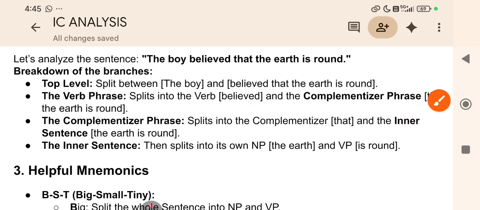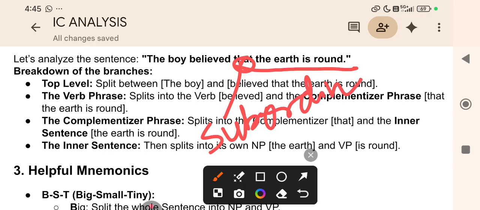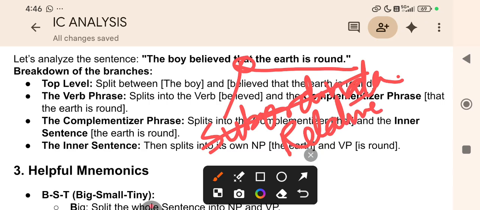And what is this? That is from here, that, because that's a subordinator, or here, it's not actually a subordinator, this is a relative pronoun.